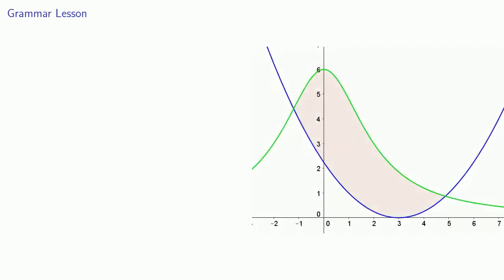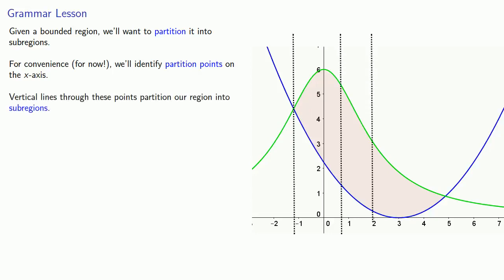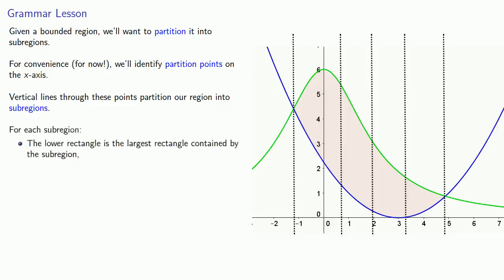Given a bounded region, we want to partition it into subregions. For convenience, for now, we'll identify partitioned points on the x-axis and then use vertical lines through these points to partition our region into subregions. And for each of our subregions, the lower rectangle is the largest rectangle contained by the subregion.